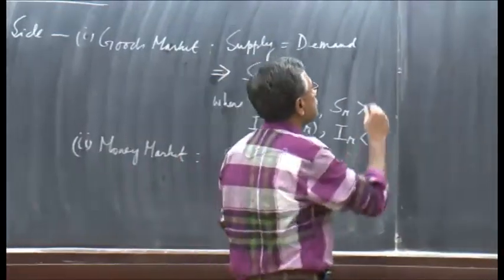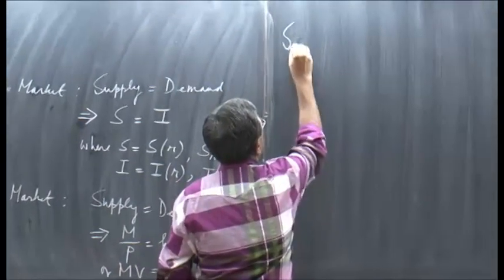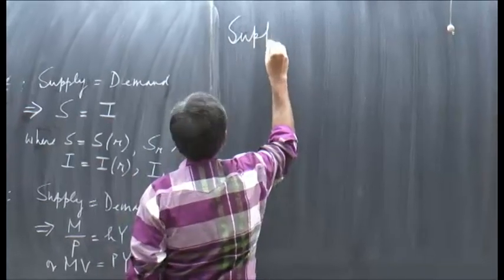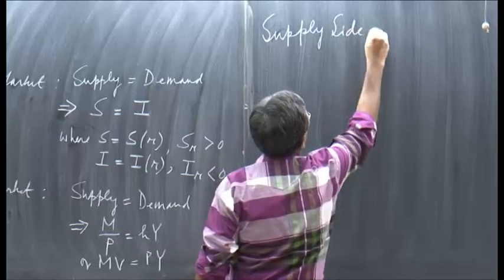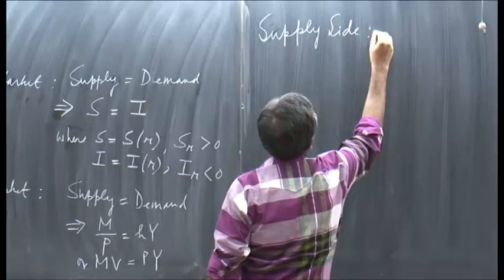All right. Now on the supply side, there are essentially three items.